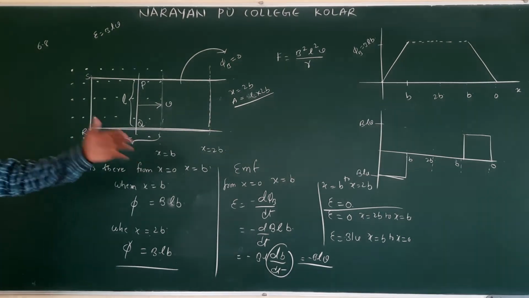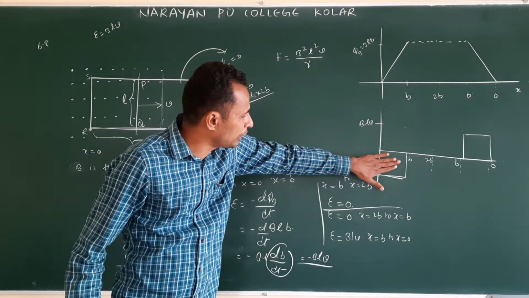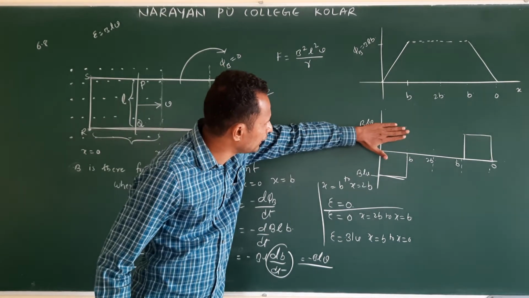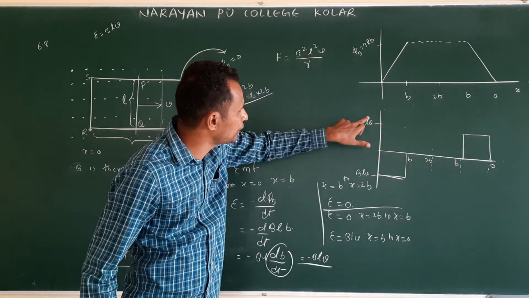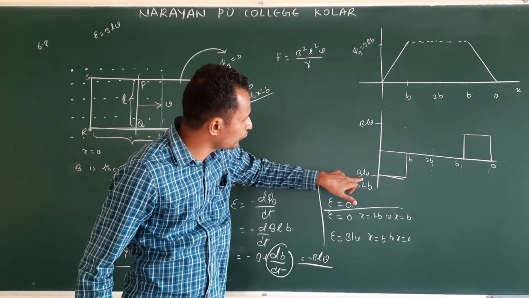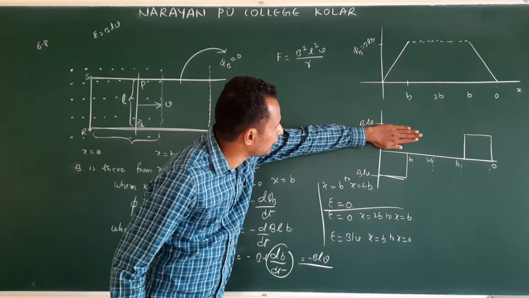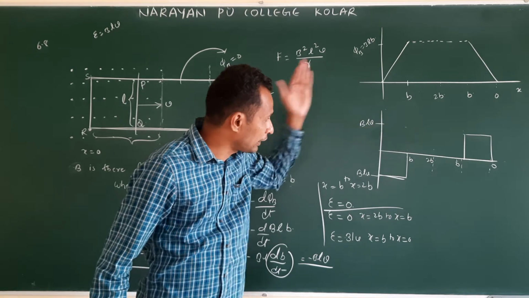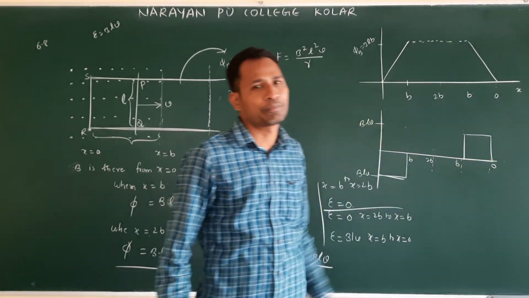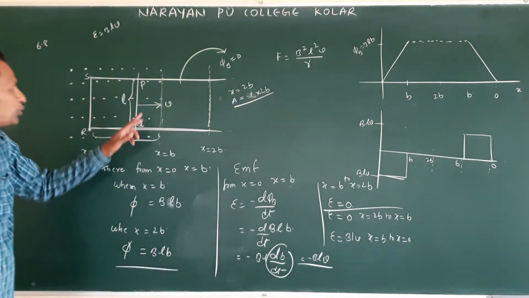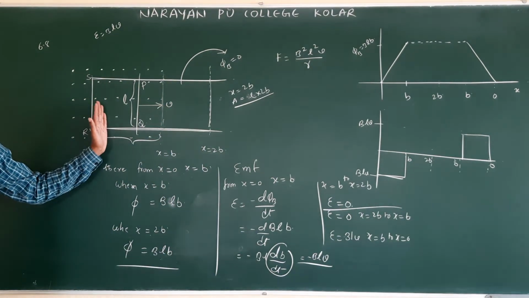So we will get the same figure, but instead of BLV we get B square L square V by R. In the first case we get it positive. When coming back, here we get negative. Clear? The reason is that force always acts opposite to the velocity.